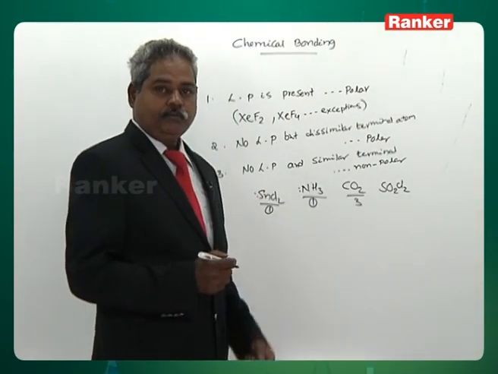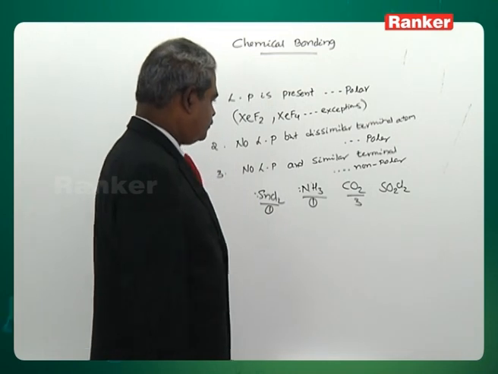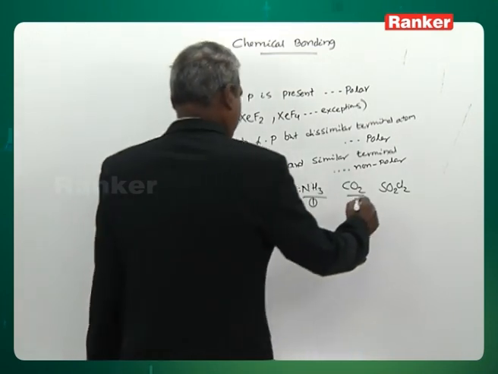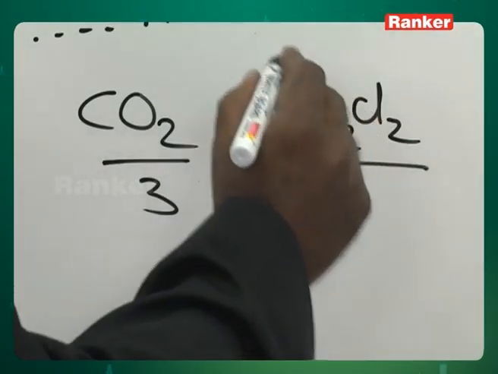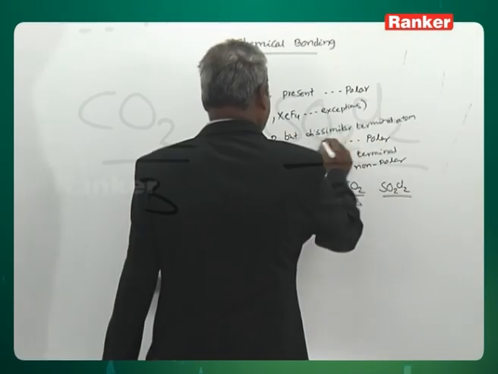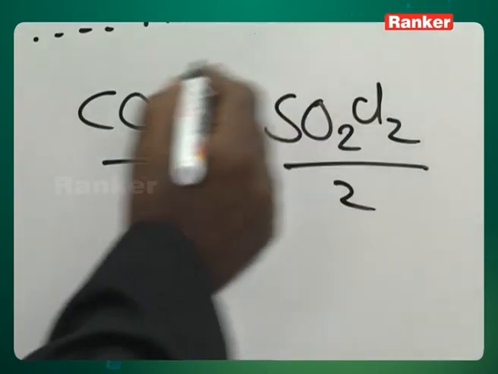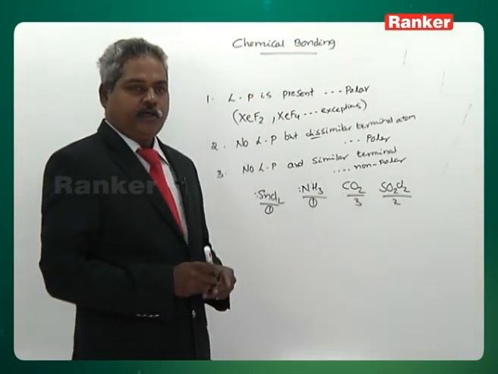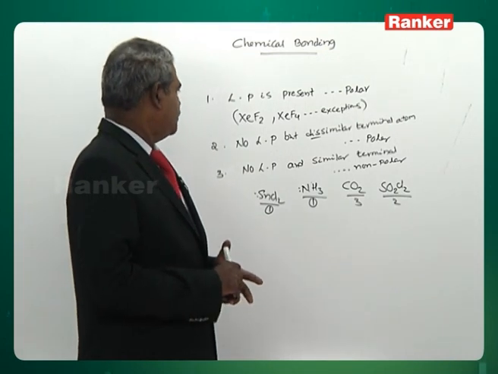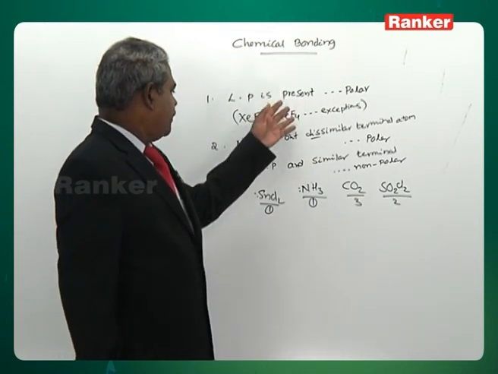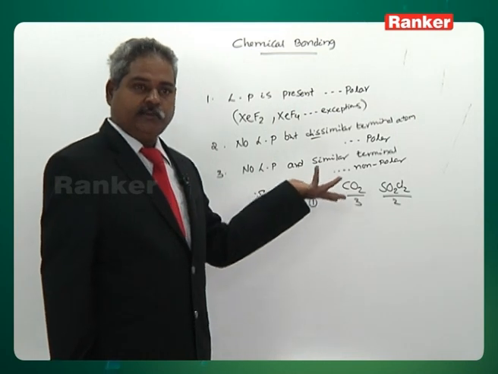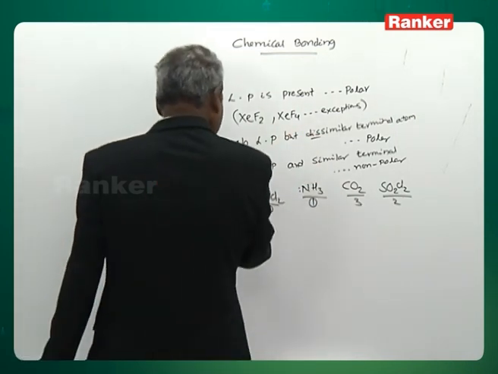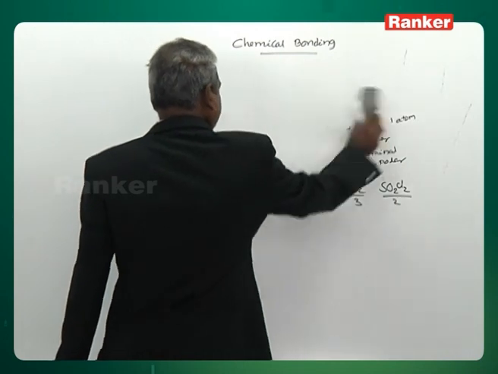SO2Cl2, there is no lone pair, but it is polar. Why? Dissimilar terminal atoms, so case 2. Like this, using these 3 simple rules, in fact you can say there is only one rule: lone pair, no lone pair, similarity, dissimilarity.